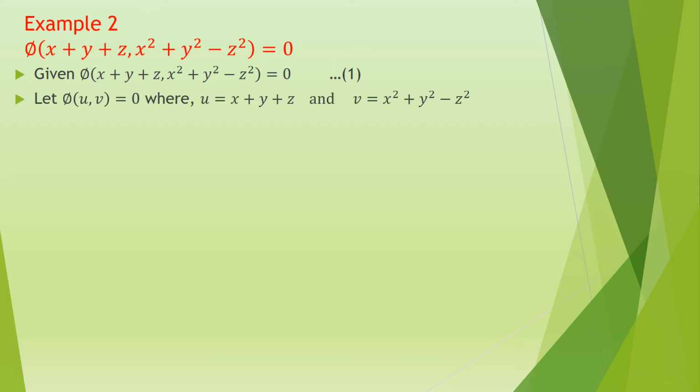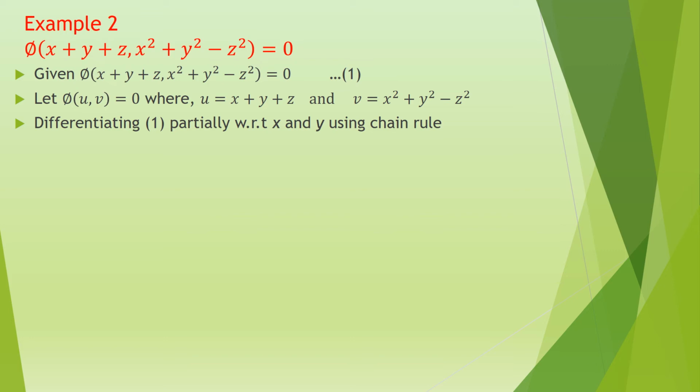Now let phi of u, v equal to 0, where u is equal to x plus y plus z, v is equal to x square plus y square minus z square. So I have defined new variables u and v, where u and v are also defined here. Now differentiate the given equation or function phi with respect to x and y using the chain rule of partial differentiation.